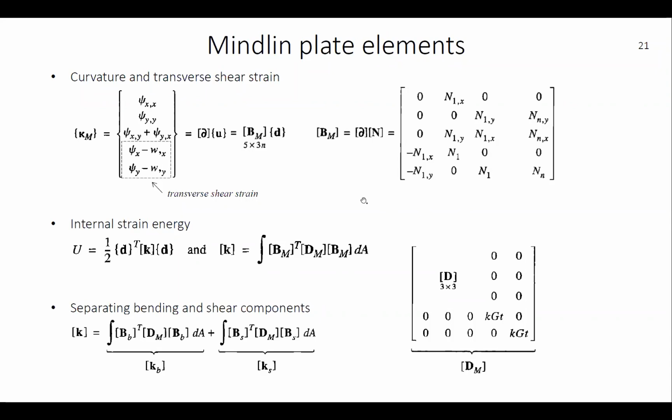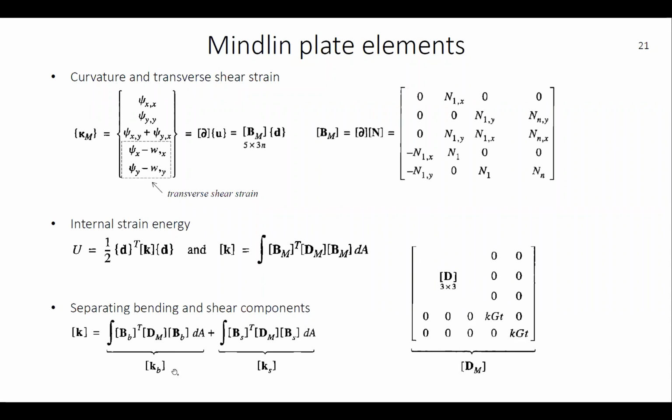We also have the internal strain energy, similar as before, from which we can get the stiffness matrix as an integral of the strain displacement matrix, B transpose D times B. Now the constitutive matrix is a 5x5 matrix, where the first 3x3 components are the bending, and the last 2x2 diagonal is the shear component.